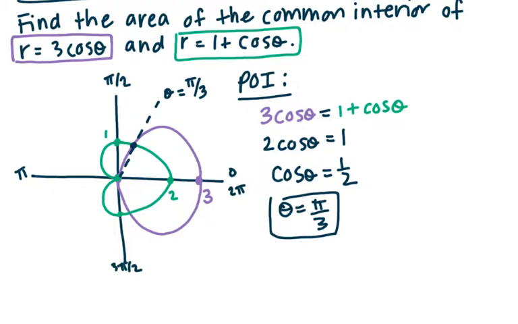So the main difference with this one is we're not subtracting areas, right? We're not finding the area between them. We're finding the area where they're both going to be shaded in. What's different is the way that we find the first part of this area is to find that inside area of the green graph, or the cardioid, from the pole.